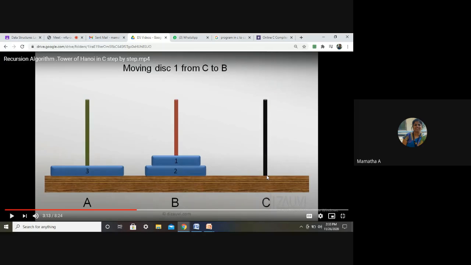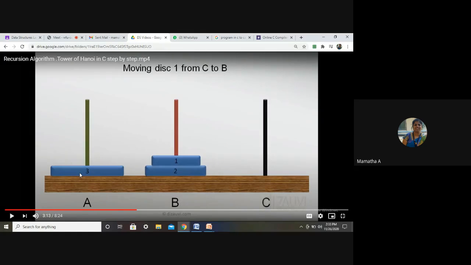Remember. So how many moves did I have? I moved 1 to C, then 2 to B, then 1, which is on C, to B. So I had totally 3 moves.